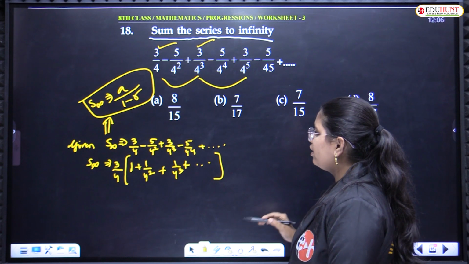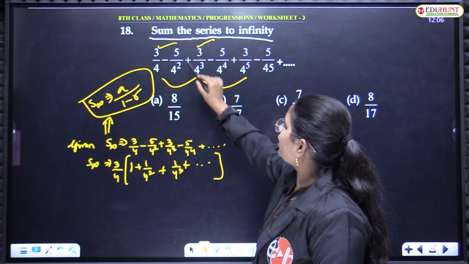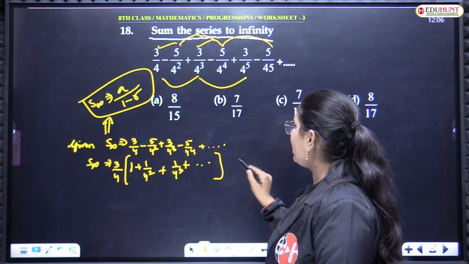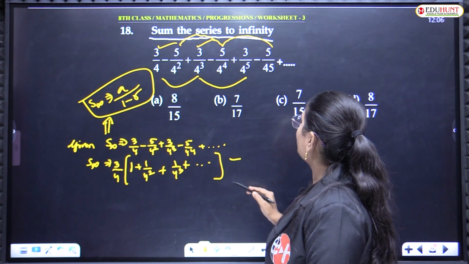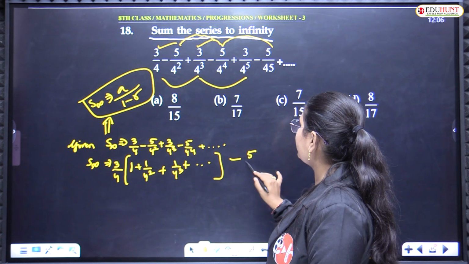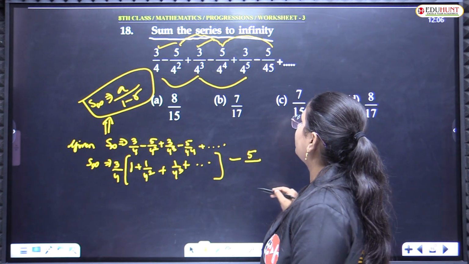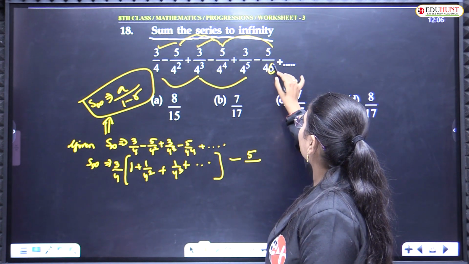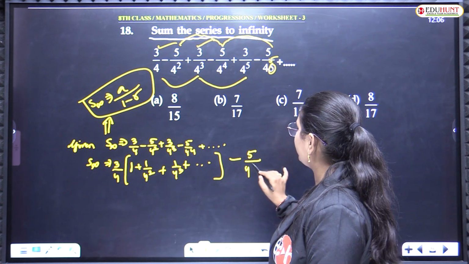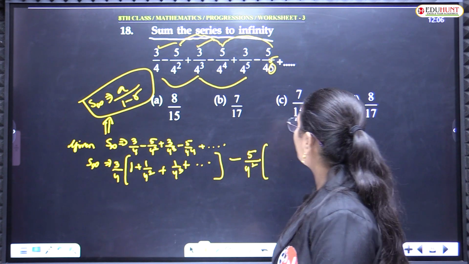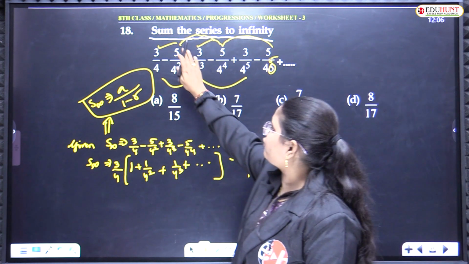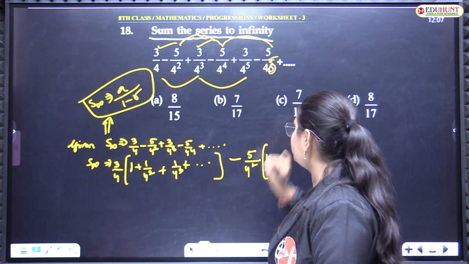Am I clear? Next, if you observe the even places, you have minus common, and at the same time you have 5 by 4 square common. So in the first place, if I take 5 by 4 square, you will be left over with 1.